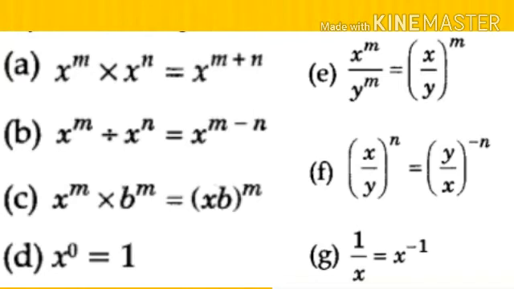E, x to the power m upon y to the power m, we can write it as x upon y whole power of m. F, x upon y to the power n, we can write it as y upon x to the power minus n. G, 1 upon x is equal to x to the power minus 1, or x to the power minus 1 is equal to 1 upon x.